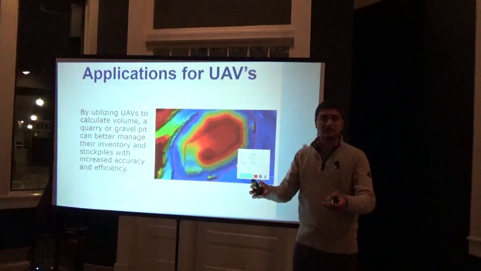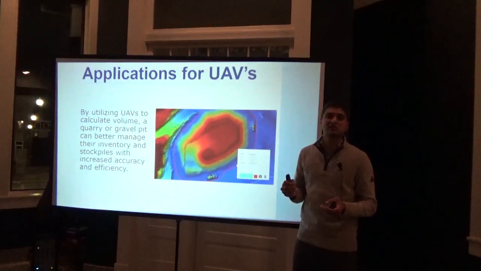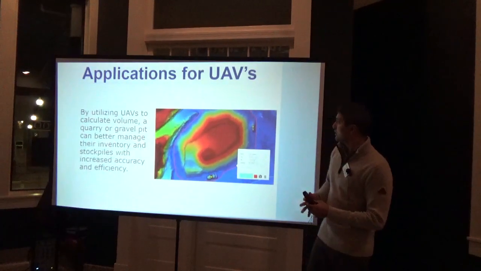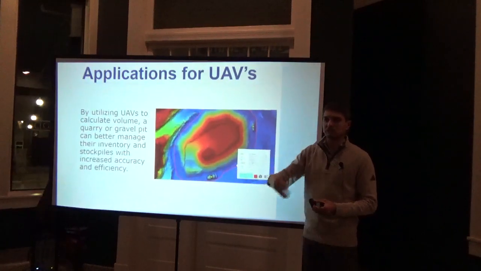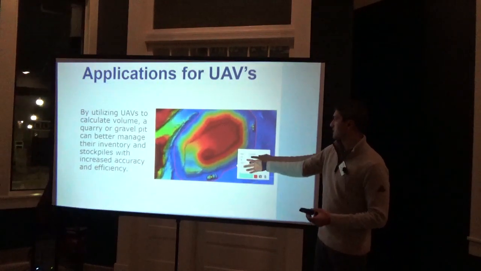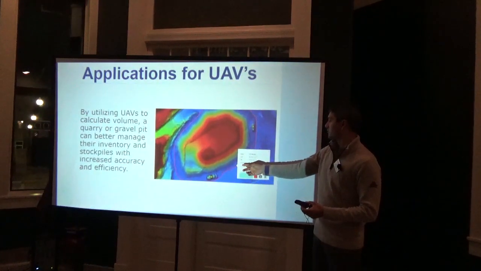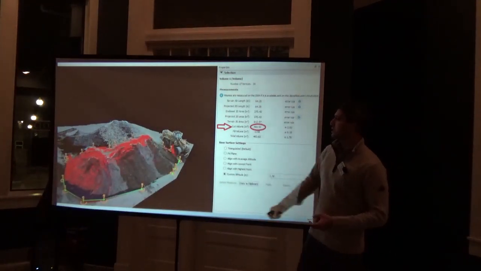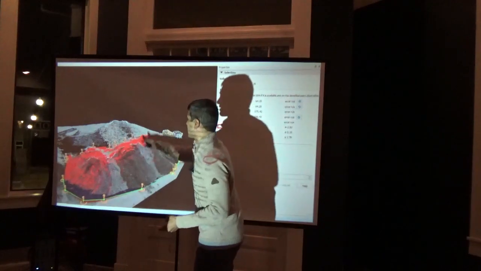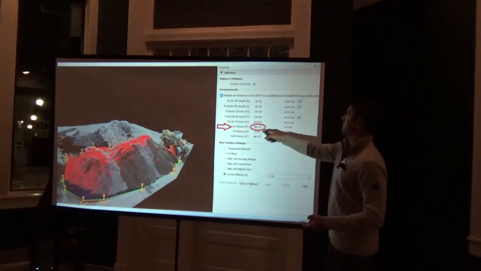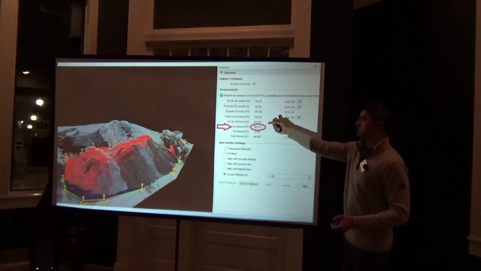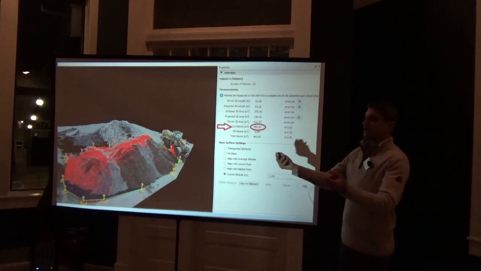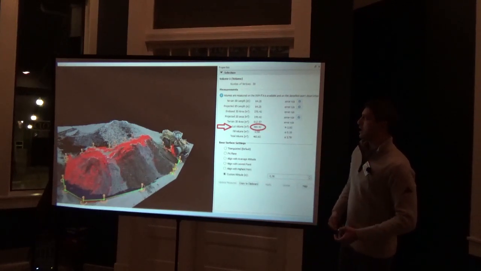We can make point clouds, and on the point clouds, we can take them to the GIS softwares, and we can calculate the area, the complete volume by just making some digitizations like this. This is the stockpile, click, click, click, and the software is going to tell you, oh, the volume is this, cut volume is this, fill volume is this, and in a matter of seconds, right?